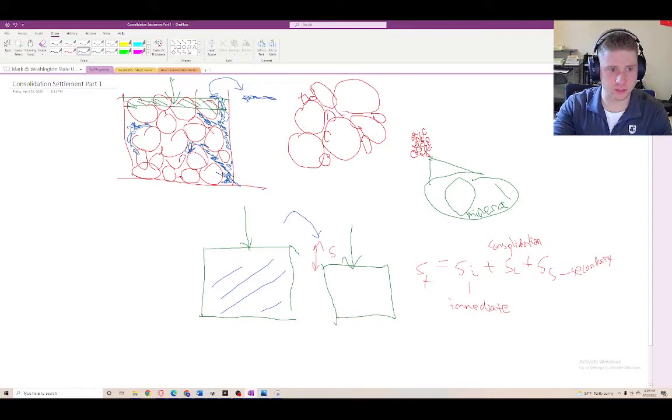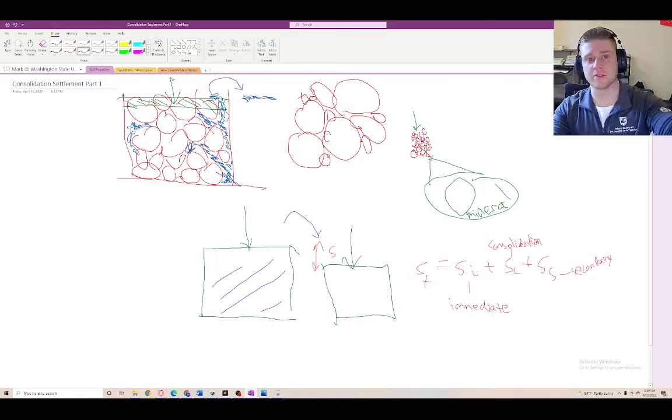Let's suppose that this is clay, and you have voids trapped between the particles of clay, and you apply a load to this clay. These voids are gonna have a hard time getting out because they're surrounded by the clay particles. Whereas in the left example here, let's suppose that's sand. There's relatively more space for them to slide through the particles and escape.